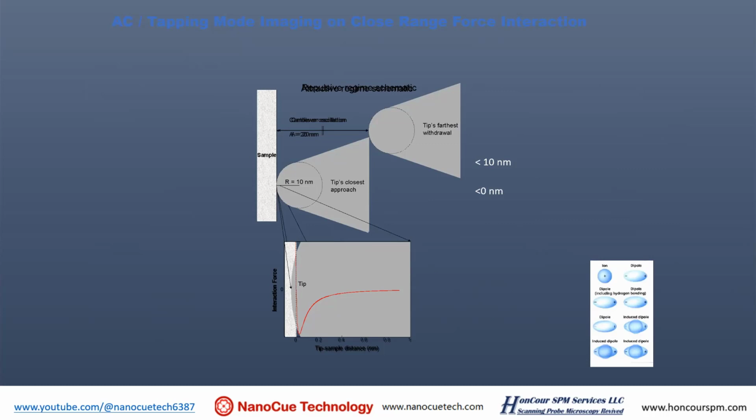And how do you manipulate that? Because if you look at the AFM parameter panel on the computer, there's not a single parameter that says force. Yes, we talk about force a lot, but you actually don't know what the force is. You have to make a judgment based on your experience. What is the force? We're going to try to simplify this task in the next 10 minutes.